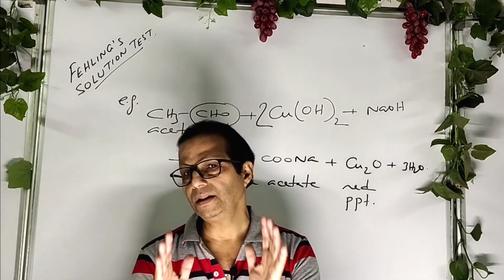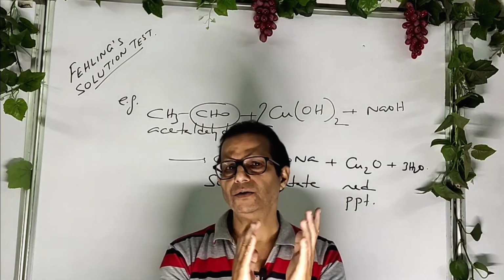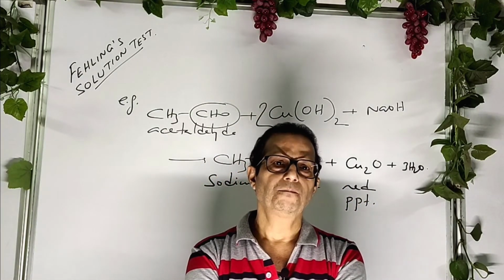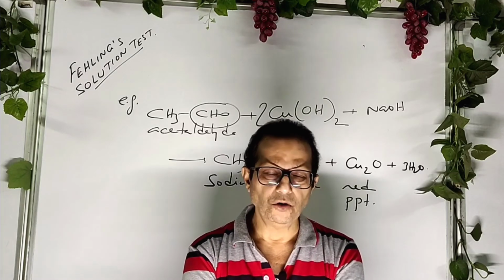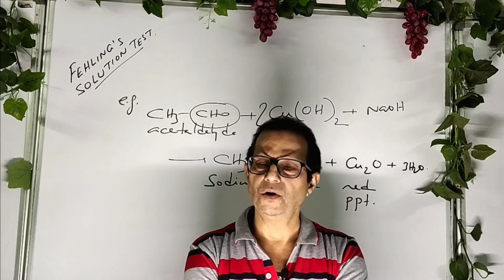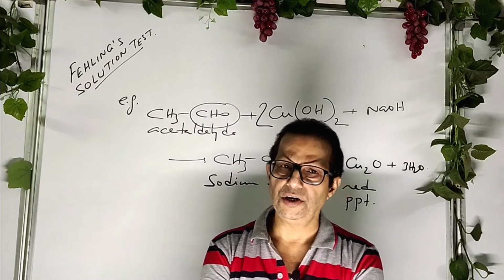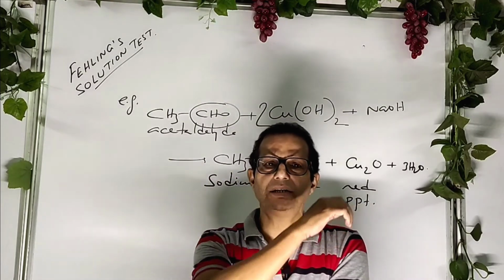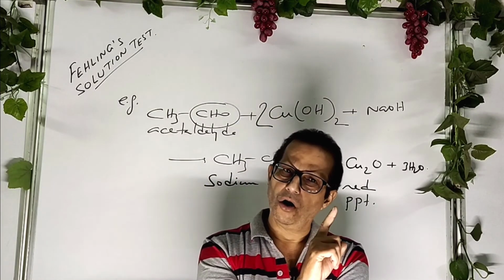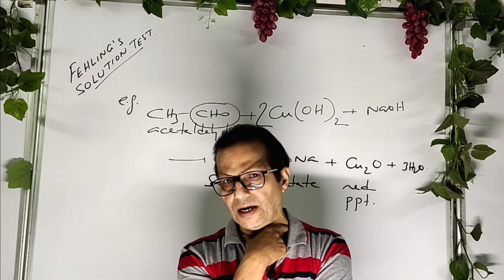So, you learn that aldehydes and ketones undergo oxidation in presence of Tollens reagent and Fehling solution. Tollens reagent oxidizes both aliphatic and aromatic aldehyde.